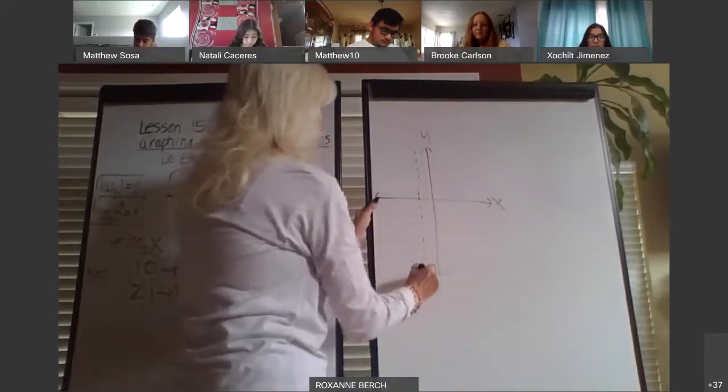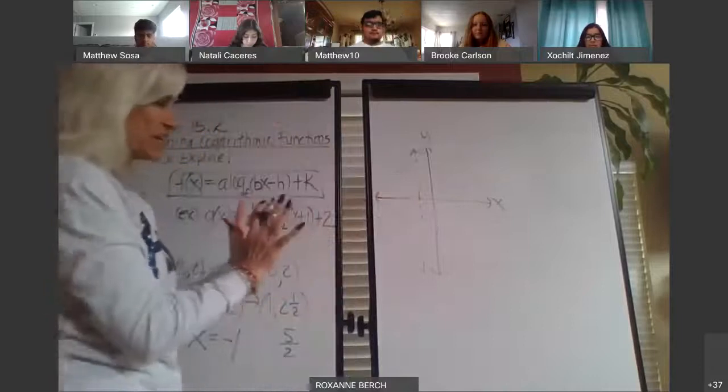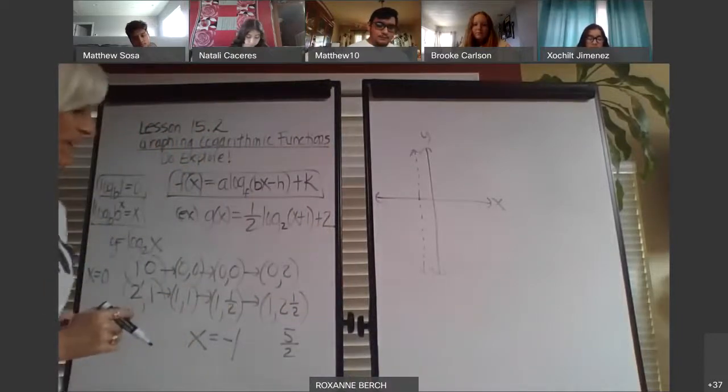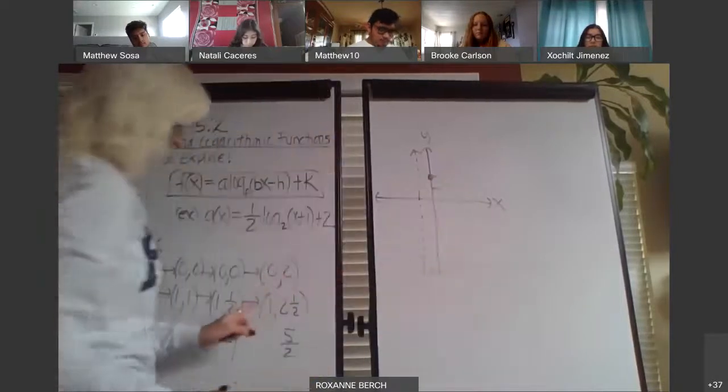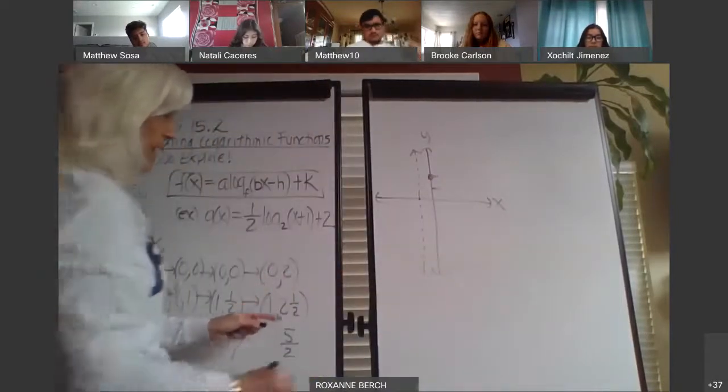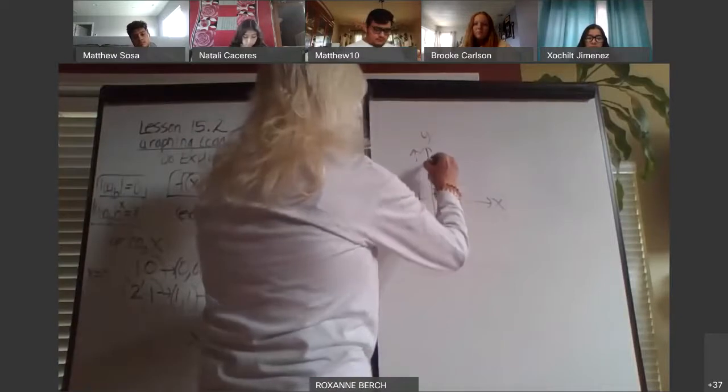So I would draw the vertical asymptote. It just provides a good guide for the graph, and then graph the points: 0 up 1/2, and then you have right one up 2.5.